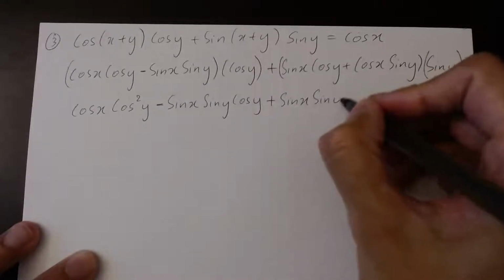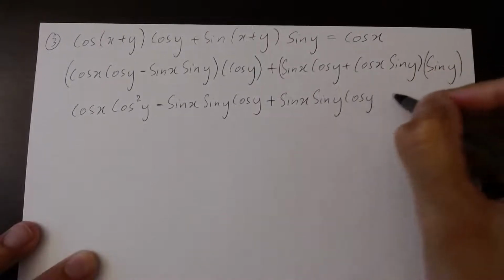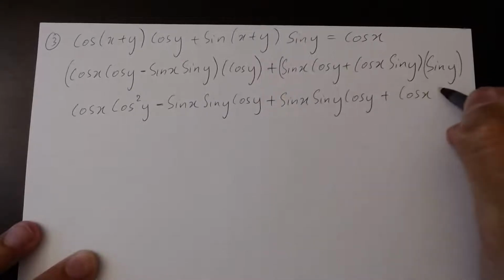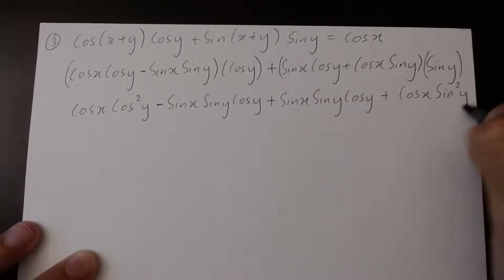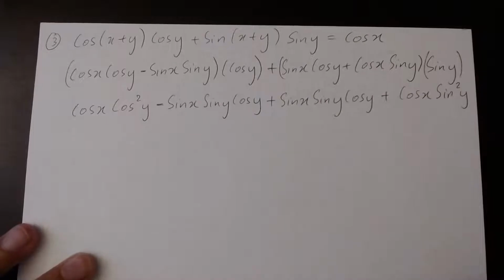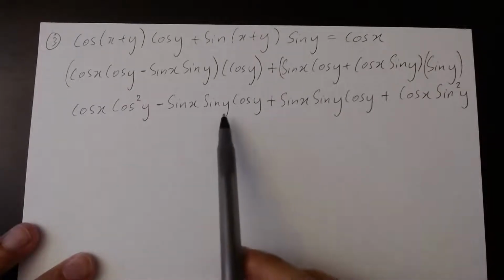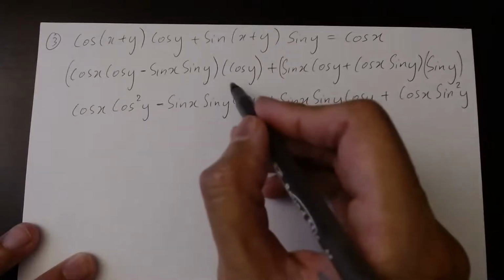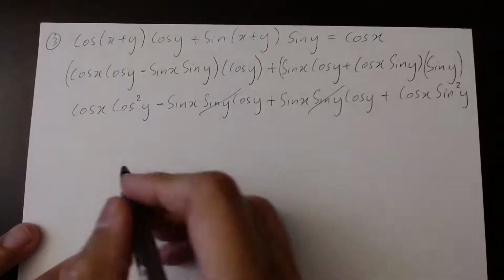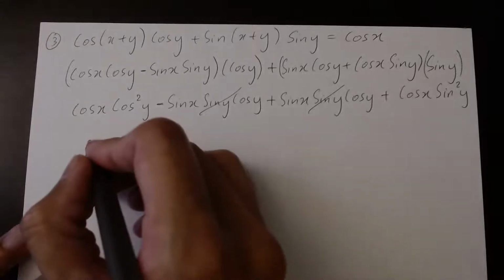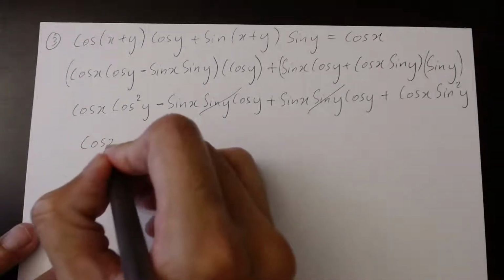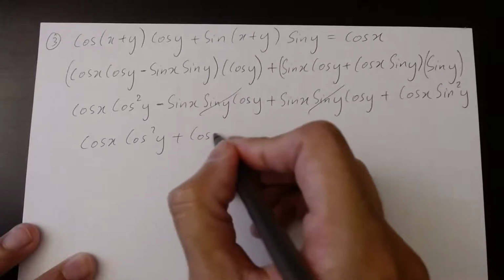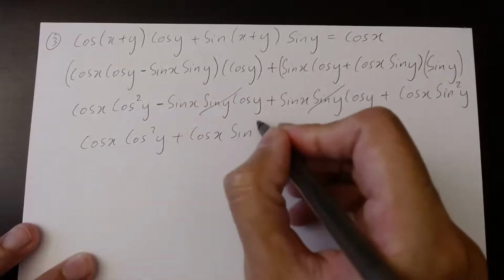So sine x sine y cos y plus cos x sine squared y. Now what I notice is the two middle terms are identical, but the signs are the opposite. These are going to cancel each other out, and I'm just left with cos x cos square y plus cos x sine squared y.